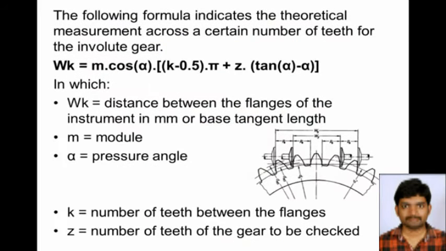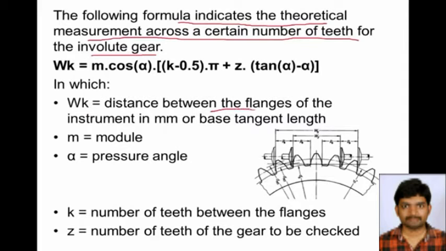So the following formula indicates the theoretical measurement across a certain number of teeth for the involute gear. Wk equals m cos alpha into bracket (k minus 0.5) into pi plus z into (tan alpha minus alpha).